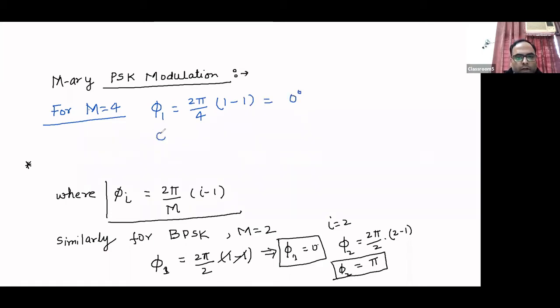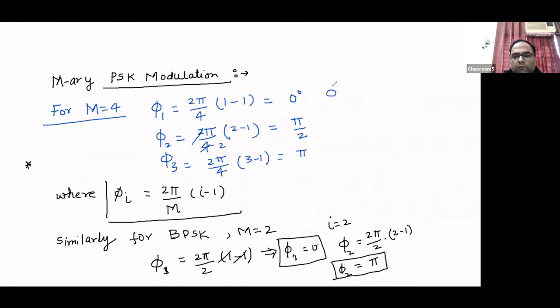Now phi 2 can be 2 pi by 4 into (2 minus 1), so the angle will be pi by 2, right? Similarly, phi 3 can be equal to 2 pi by 4 into (3 minus 1), which is equal to pi, right?